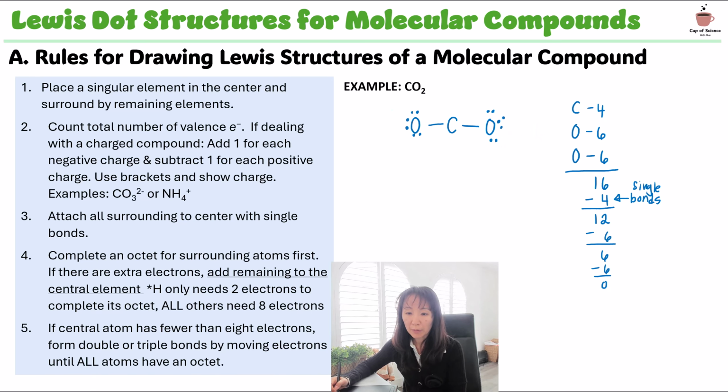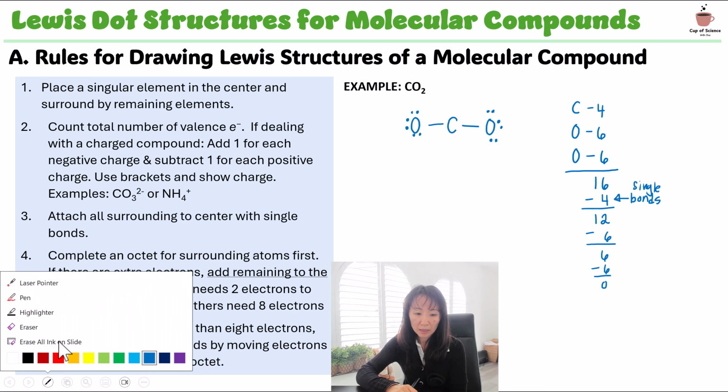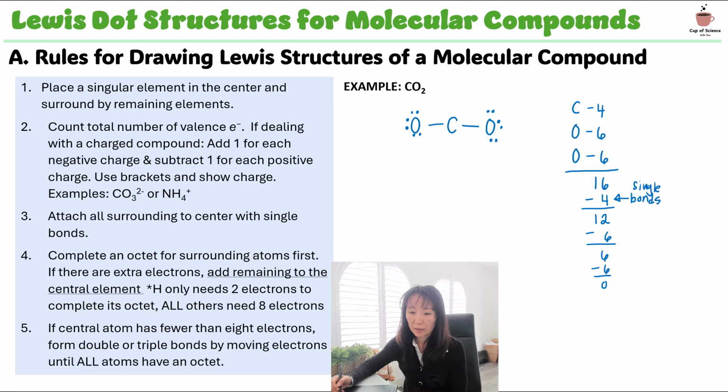So for example, I'm going to take this one right here and then form a double bond. So if I were to rewrite this, it would be C, the one that came from those lone pairs, oxygen, and I'm going to put the rest of the dots.